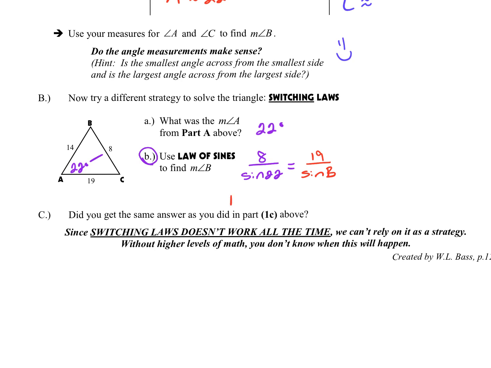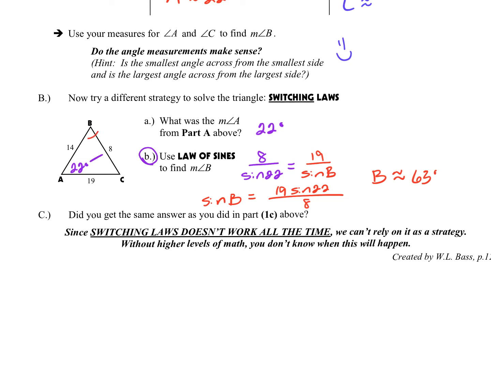We would end up with the sine of B would be our 19, our sine 22, all over our 8. And if you type that into your calculator like we did in our last lesson, you're going to get an angle B of 63 degrees.